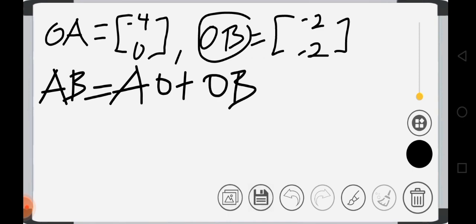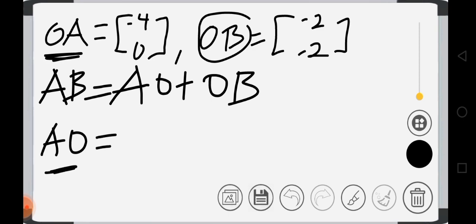So what is AO? Because we have OA, not AO. So AO is the same thing as minus OA.